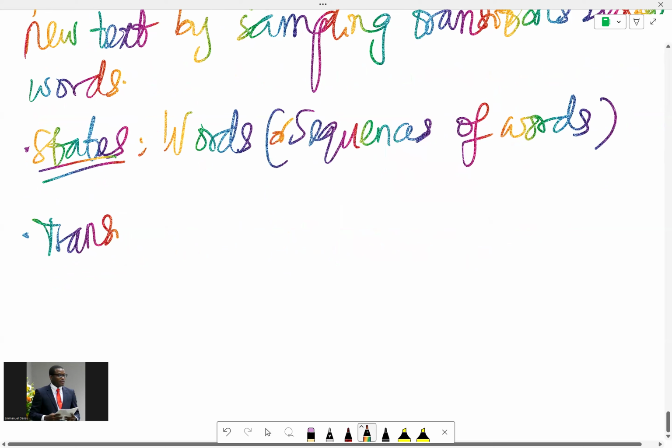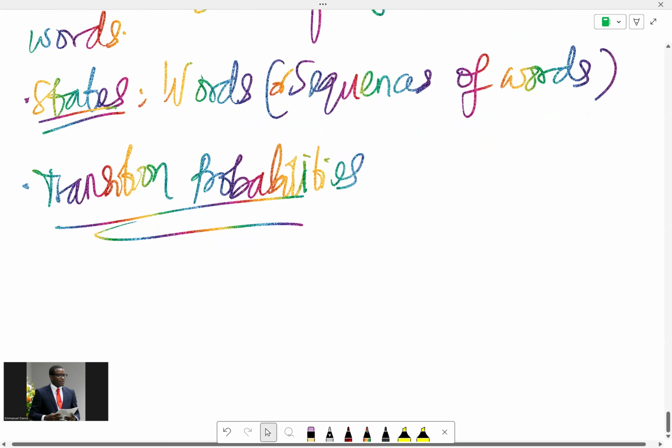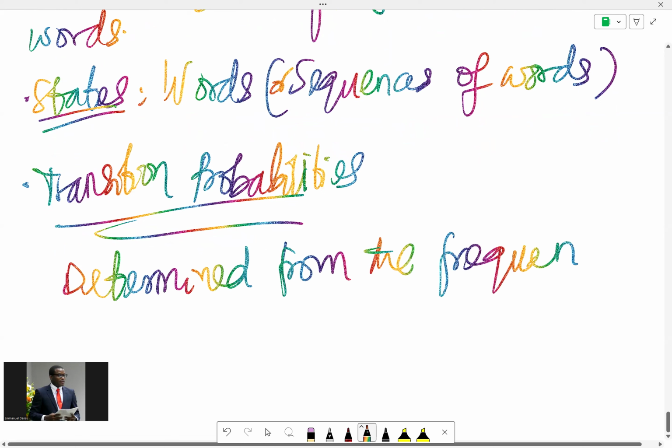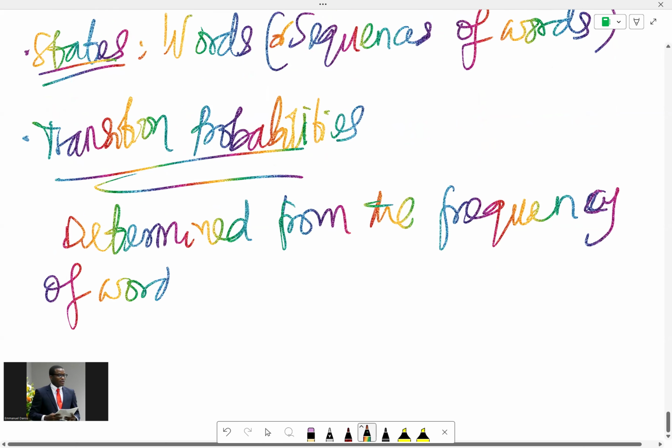Here, the transition probabilities are determined from the frequency of word sequences in the training text.